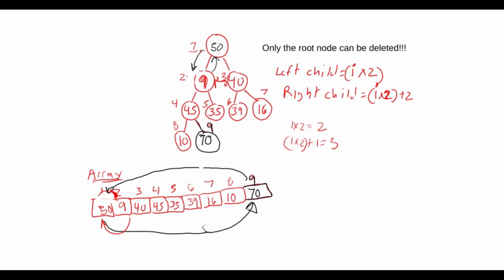And then we do the same thing until the parent is greater than the value 9. So, all right, we're going to just go here, and do a quick comparison. Which is greater, 45 or 35? 35 is greater, so we do a swap.